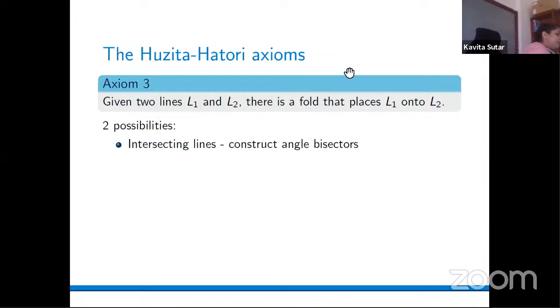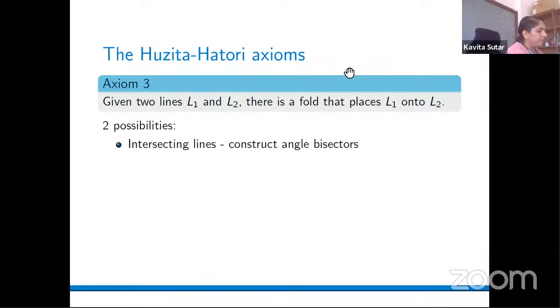Now the other possibility for two lines is that the two lines do not intersect. So how can that happen? If the lines are parallel. So I have these L1 and L2, a set of parallel lines. Now if I fold one line onto the other, what am I going to get? What is this fold?